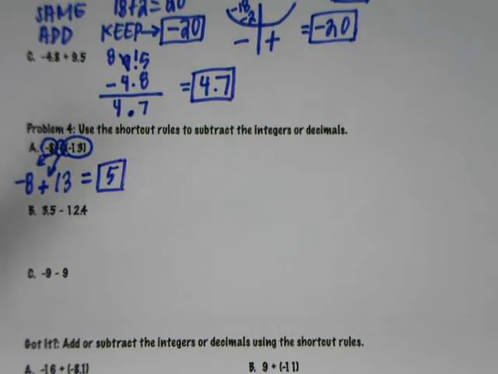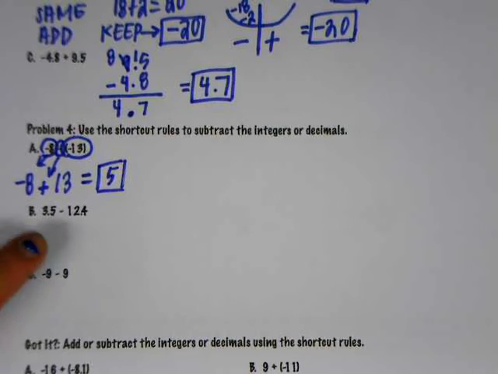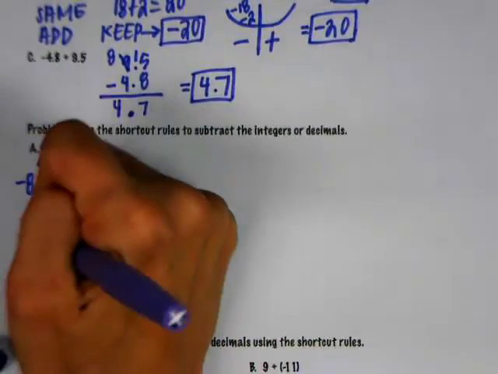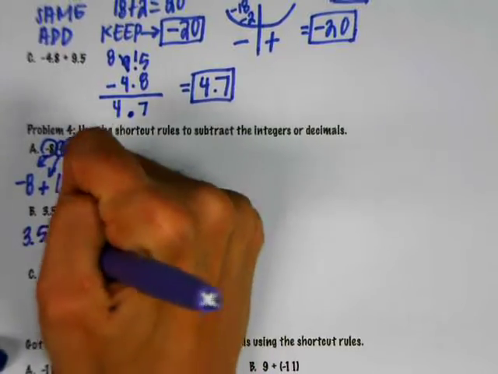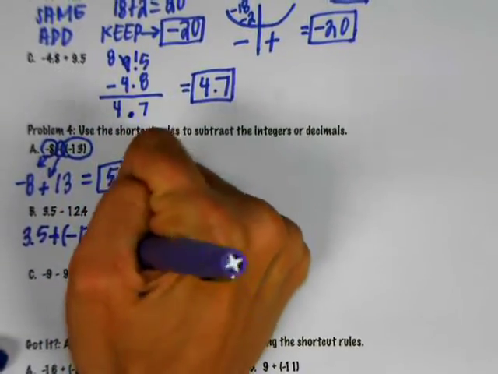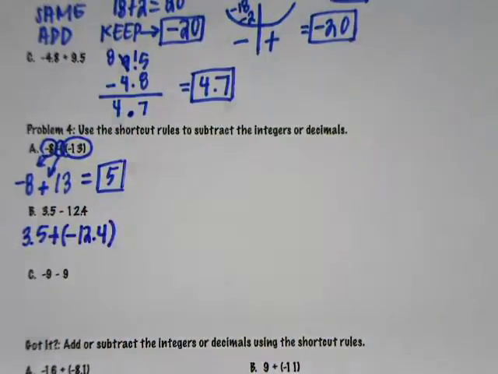All right, so on this one, technically what the book wants you to do when it's teaching how to do this, it wants you to rewrite that problem as 3.5 plus negative 12.4 so that you can clearly see the signs of both of the numbers.